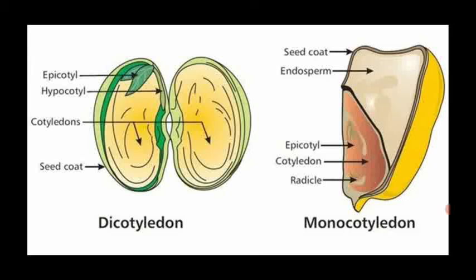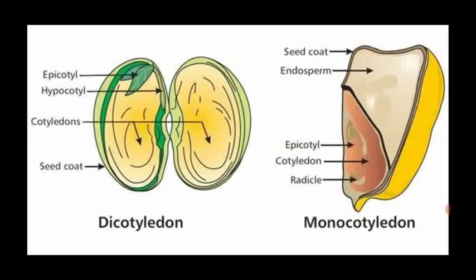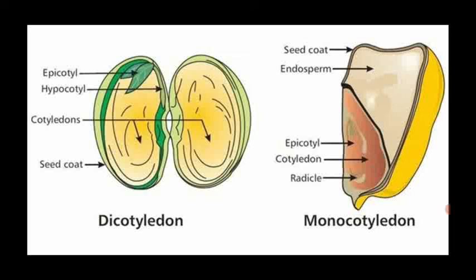In the dicot, the radicle and plumule regions are not covered by sheathy structures called coleorhiza and coleoptile, but in the monocotyledon, the root apex is covered by a coleorhiza and the shoot apex is covered by a coleoptile. So this is the variation shown between monocot seed and dicot seed.